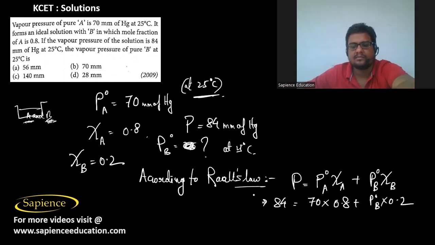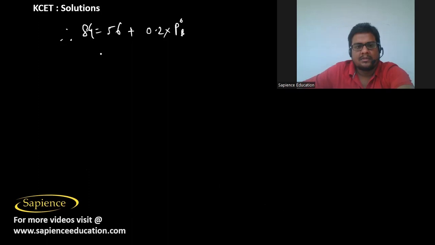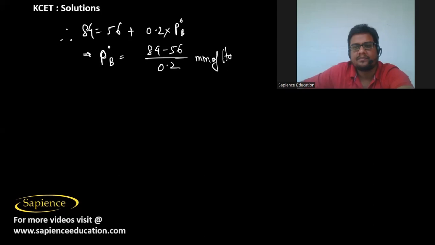So we can say that 84 is equal to 7 8s are 56, so 56 plus 0.2 into P naught B. Therefore P naught B will be equal to 84 minus 56 divided by 0.2 millimeter of mercury column.